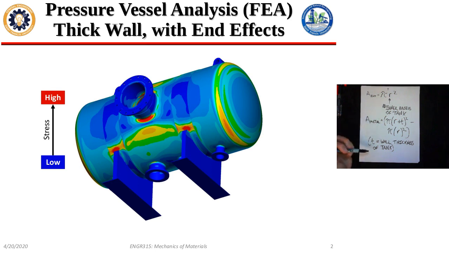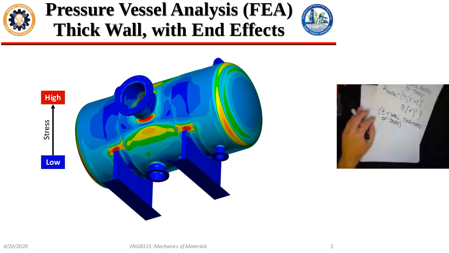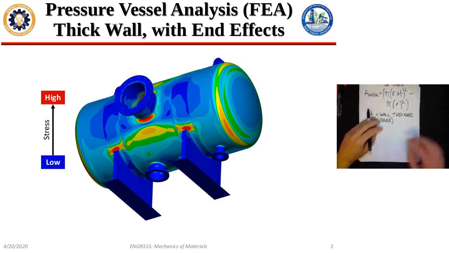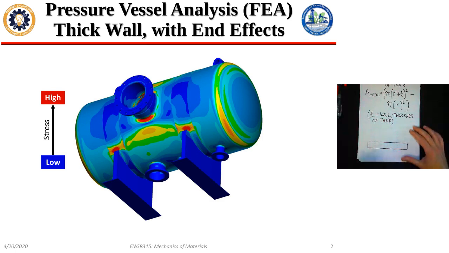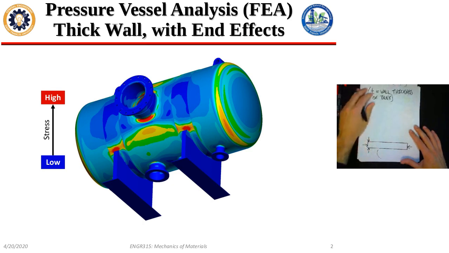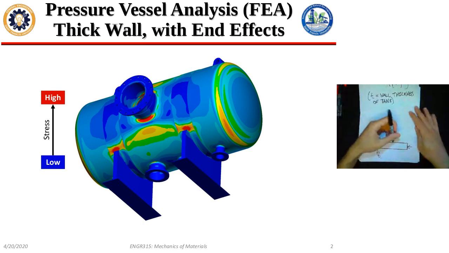So here we go. Let's slide this up. If I have a rectangle, in order to get its area, I need to know that dimension and that dimension, right? And I'm going to get my area of a rectangle. Well, what if I took that rectangle and I wrapped it into a circle?